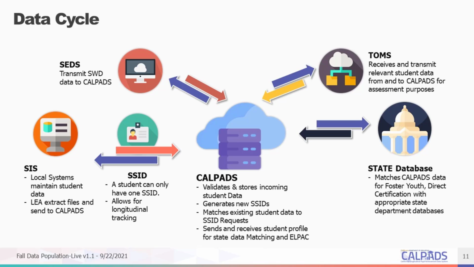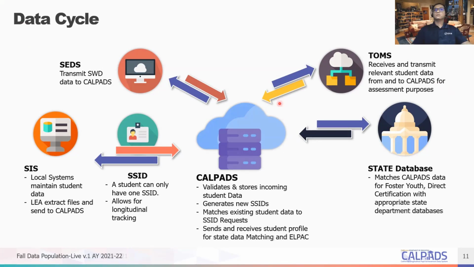Okay, so here is the 10,000 foot view of CALPADS reporting. As I've mentioned, you have your SIS and you have your special education system. What jumpstarts everything is collecting all of the pertinent data that is relevant to the student to be reported in CALPADS.